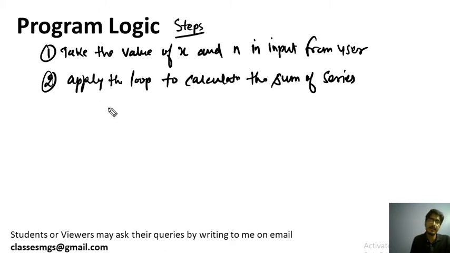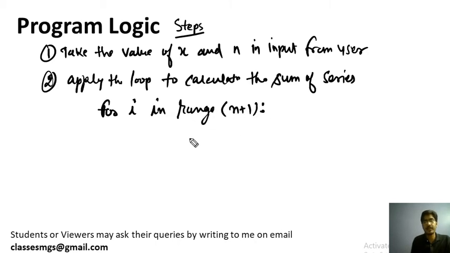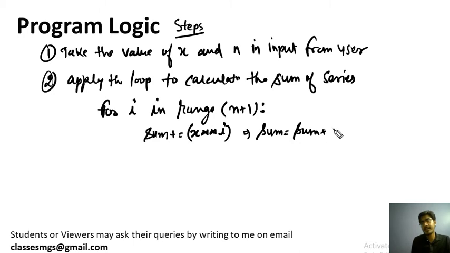What loop we have written? For i in range n plus 1, then what do you need to do? sum plus equals to x double star i. Okay, this is equivalent to sum equals to sum plus x star i, because you should know the concept of Python.